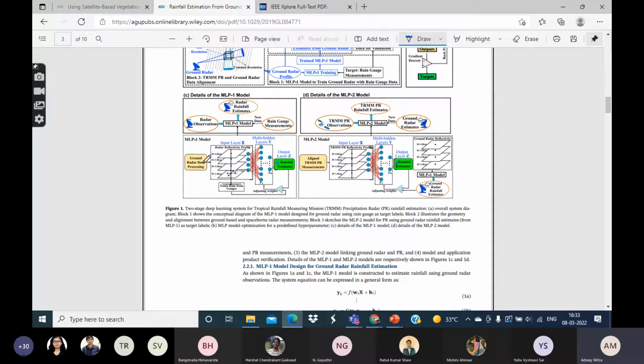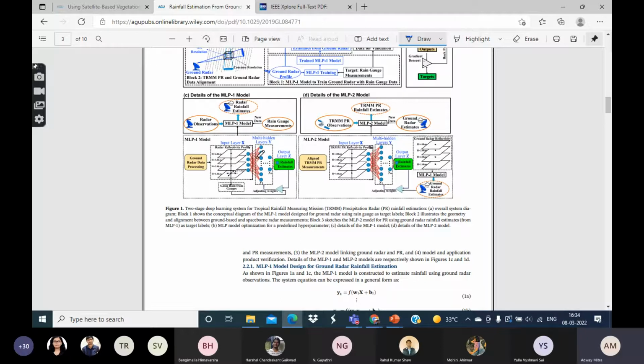So you can say that there is a set of images which is obtained from the ground radar. We can get the measurements at different altitudes.